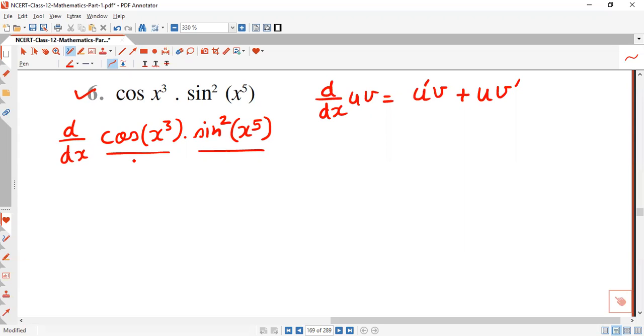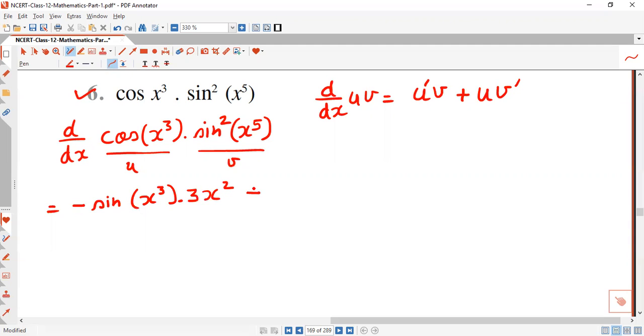So first we take cos(x cube) and differentiate it. It will come out minus sin(x cube). See, x cube is not completed, so x cube will be differentiated again. So we are getting here 3x square.